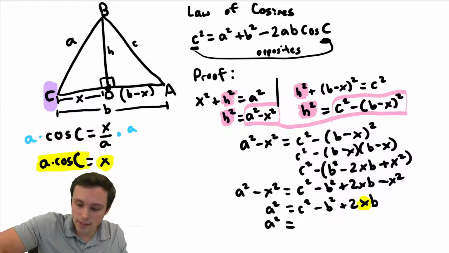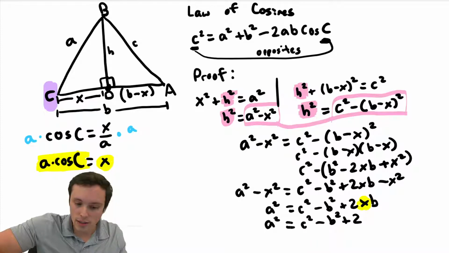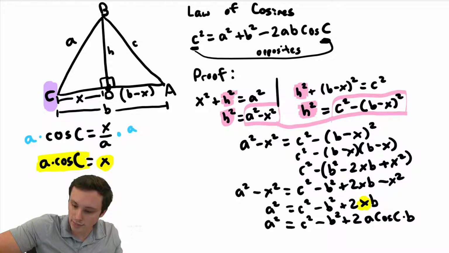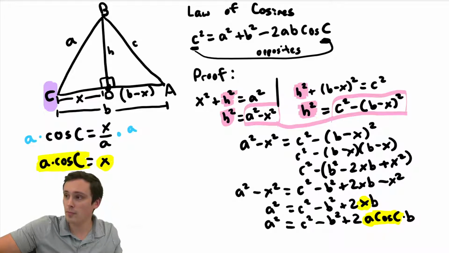So a squared equals c squared minus b squared plus 2a cosine c times b. That's what we get when we substitute that in. I'll highlight the piece that we substituted in for the x so that that is clear, right? That's what we did there.